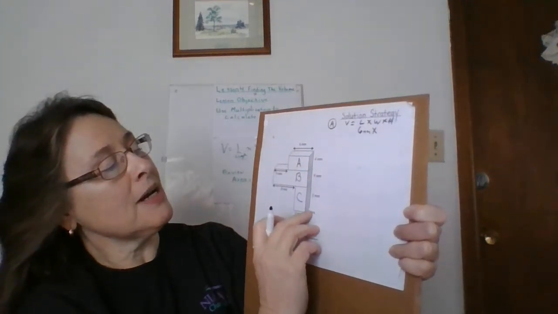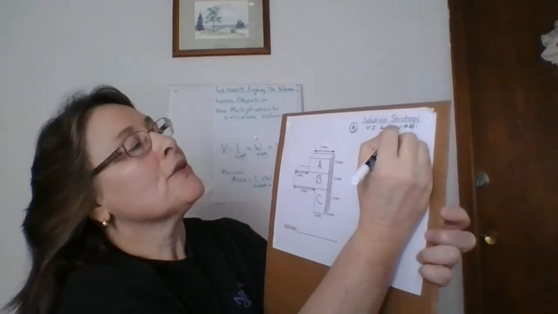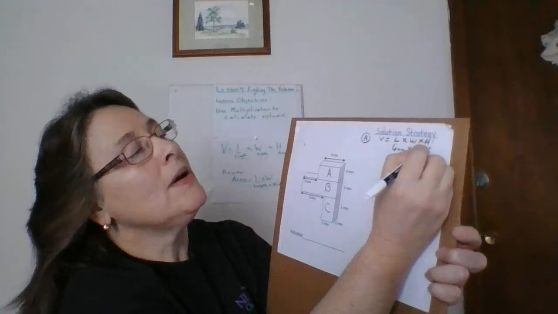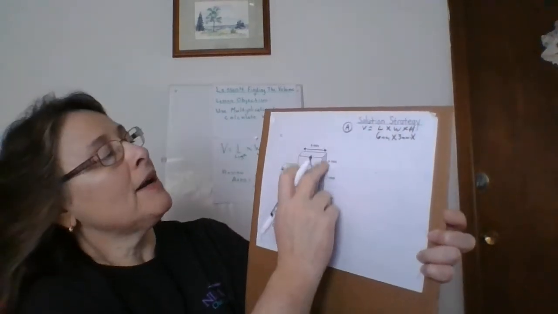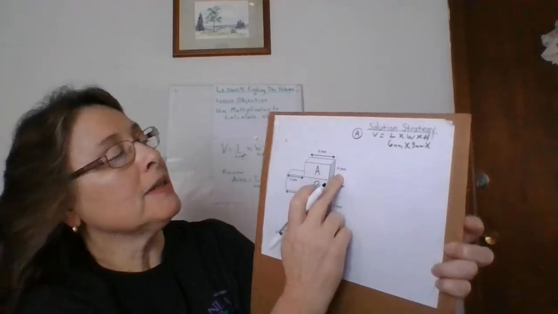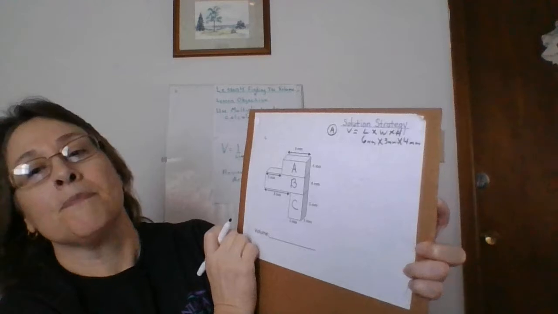And if box C has a width of 3 millimeters, box A is the same. So this would be 3 millimeters. And then my height, how tall it is, is labeled right here. It's 4 millimeters.